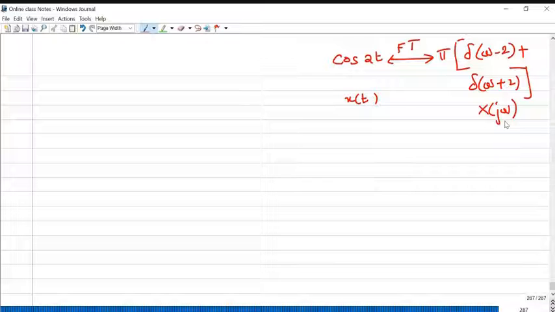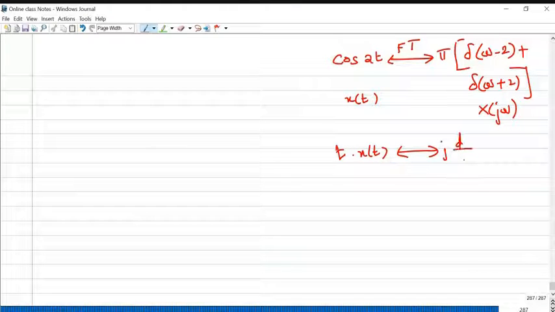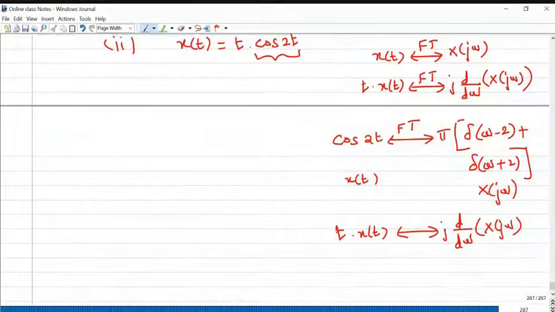But we have to find out the Fourier transform of t times x of t. Then the result should be equal to j d by d omega of x of j omega. Okay.